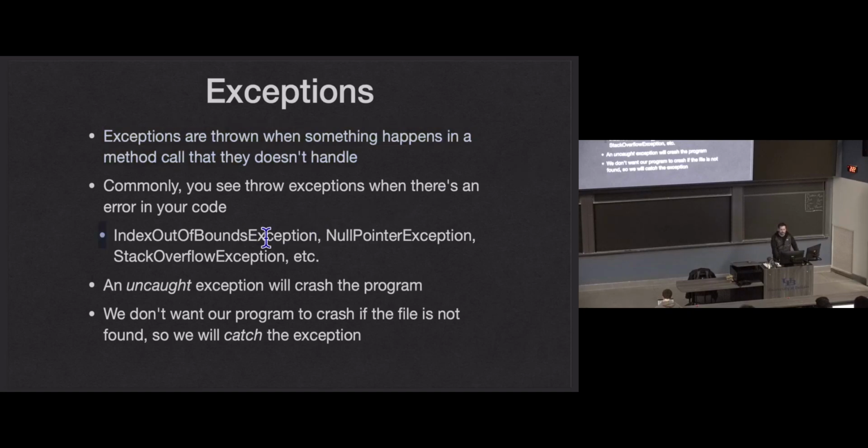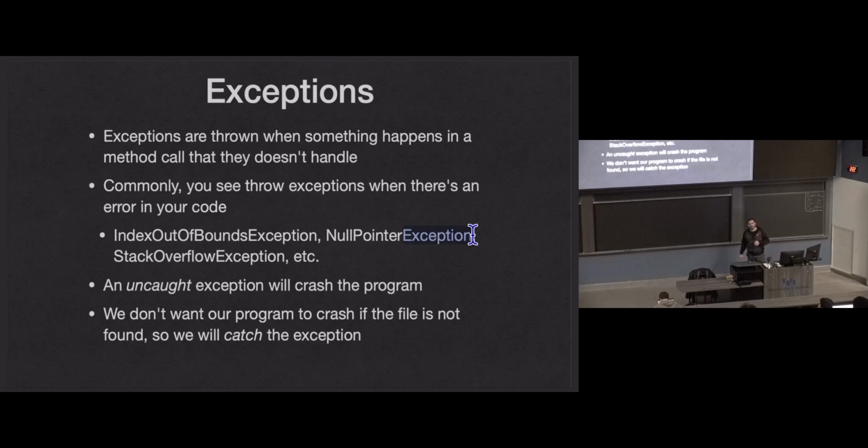If you have an index out of bounds exception, you try to access a value in an array of size 4, and you ask it for the value at index 10, you're going to get an index out of bounds exception thrown by the get method. And then if you don't catch it, the program crashes. You see all the error messages, and things crash. Null pointer is actually an error. I was called out on this in the last lecture.